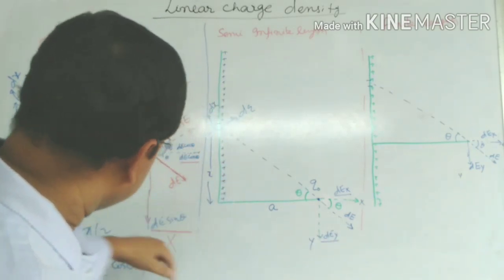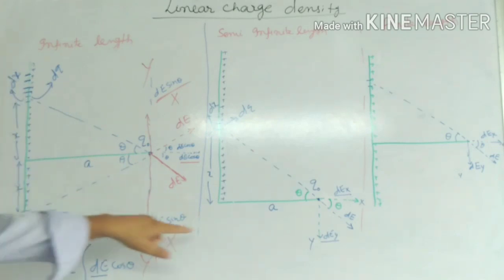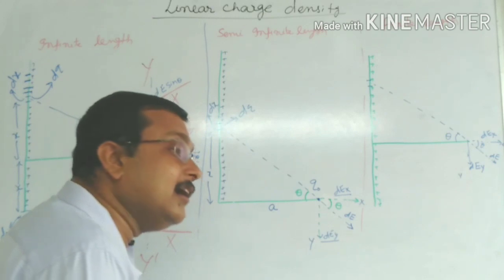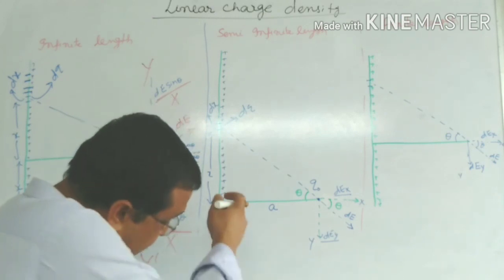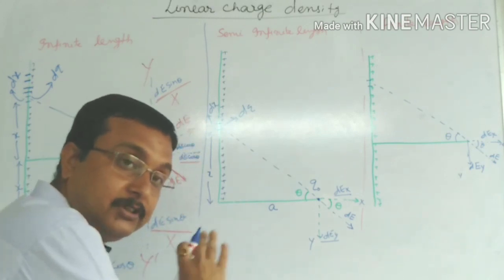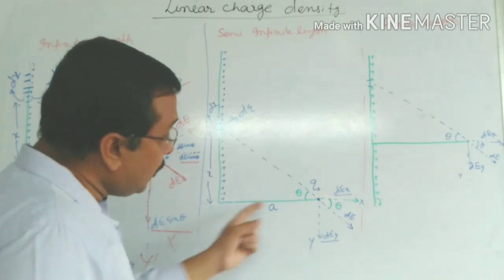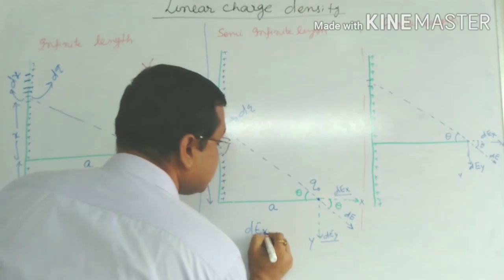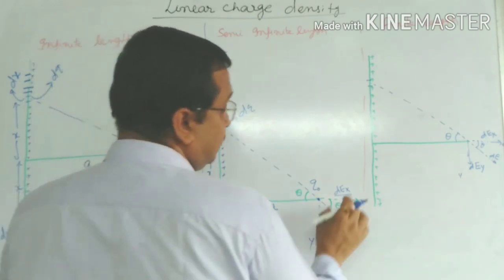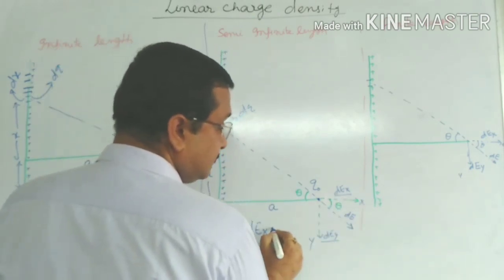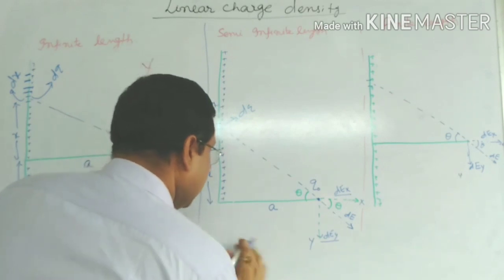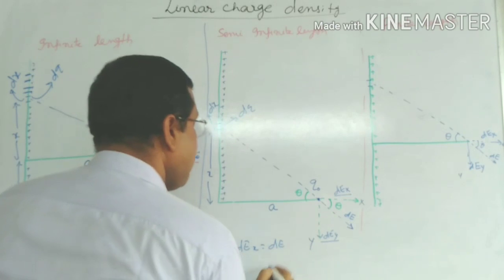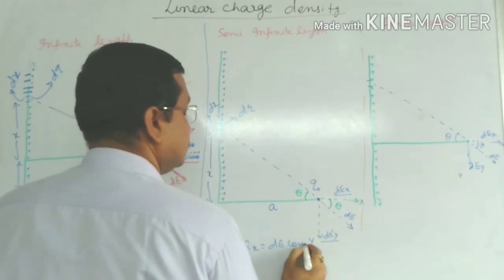But on the below side we don't have the charge, so we are not going to take a small element on the below side. So what will happen? Here we have to calculate dEx. dEx means what? dE cos theta.